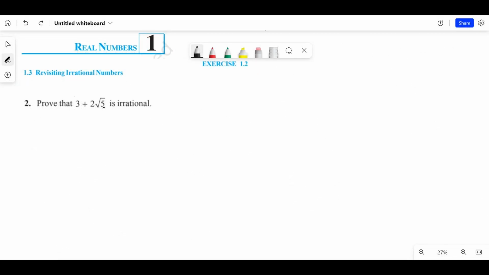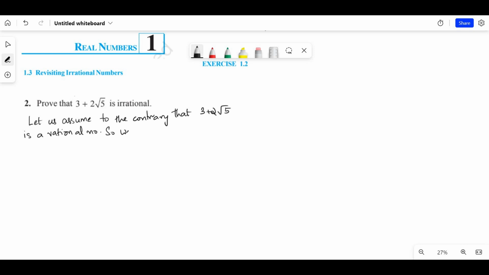Question number 2. Prove that 3 plus 2 root 5 is irrational. So we are proving this with the technique proof by contradiction. So let us assume to the contrary that 3 plus 2 root 5 is a rational number.